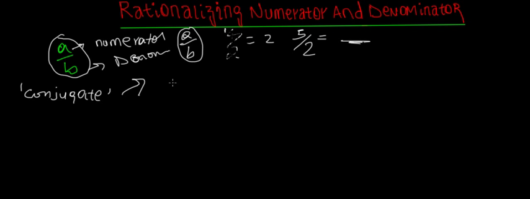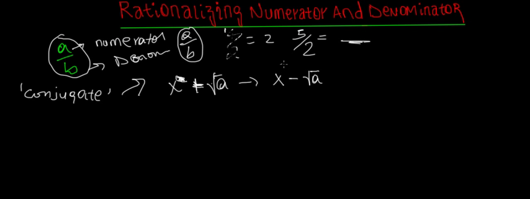For instance, for the expression x plus root a, the inverse relation would be x minus the square root of a. So this here is the conjugate to this expression.